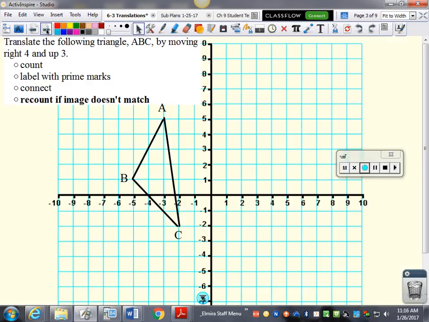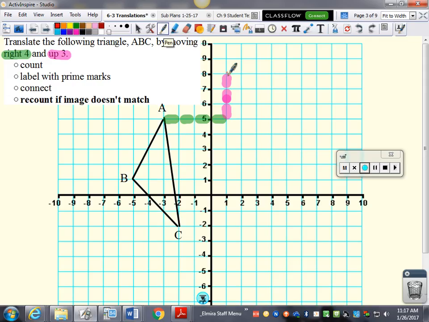All right, if we're going to perform a translation, we're looking in the directions for how we're supposed to do so. Right 4 and up 3. I'm going to erase this in a minute, but we have point A, and we're going to go 1, 2, 3, 4 boxes to the right, and 1, 2, 3 boxes up.